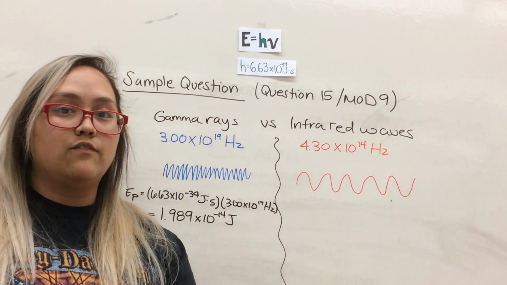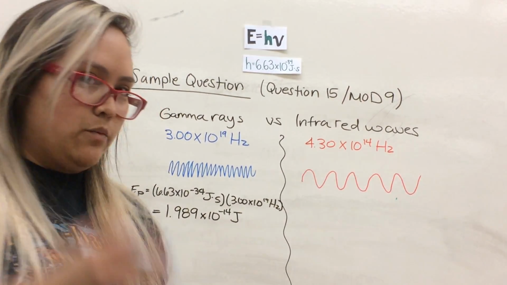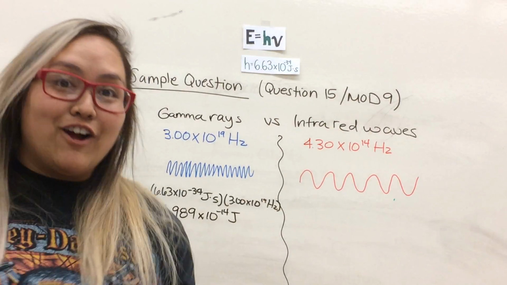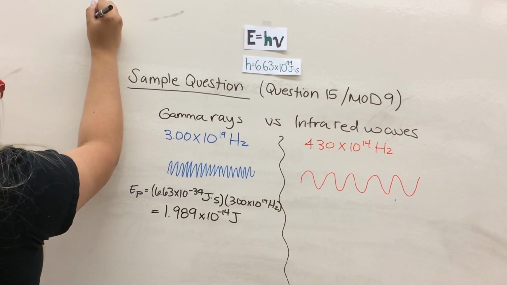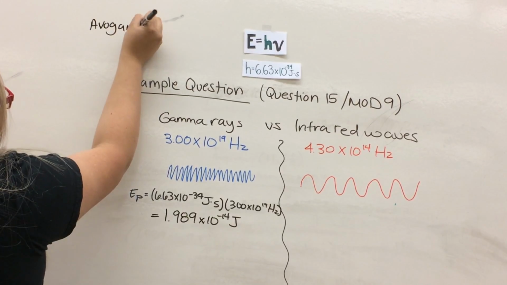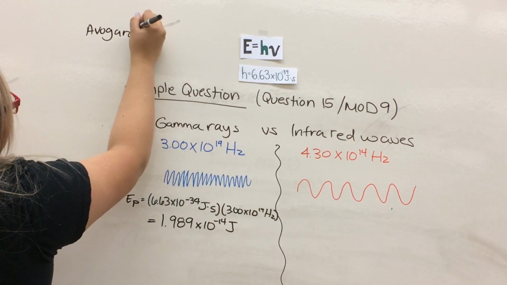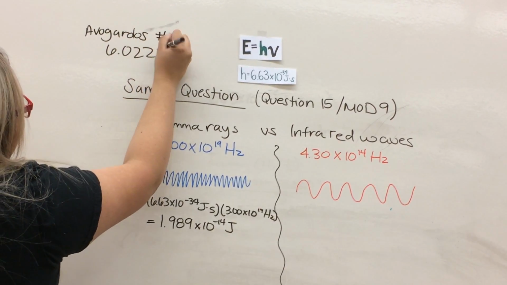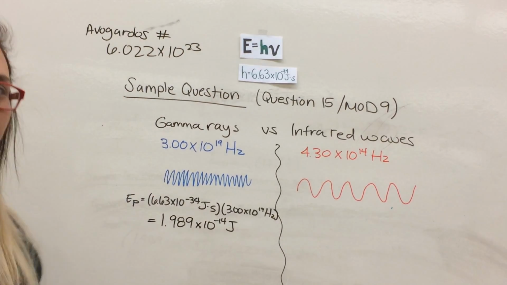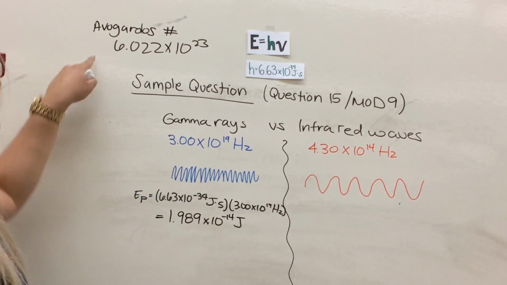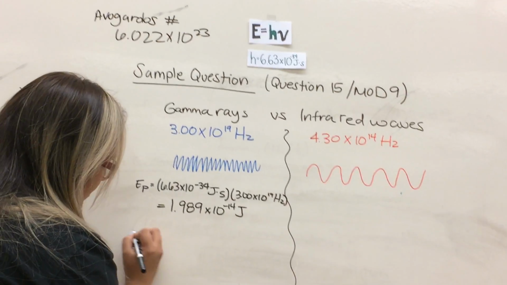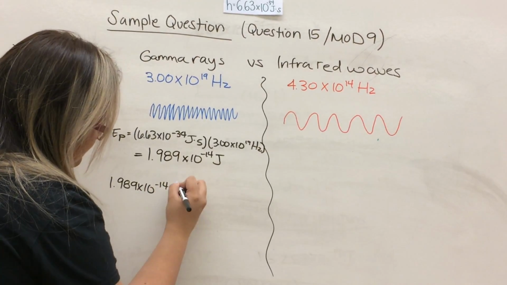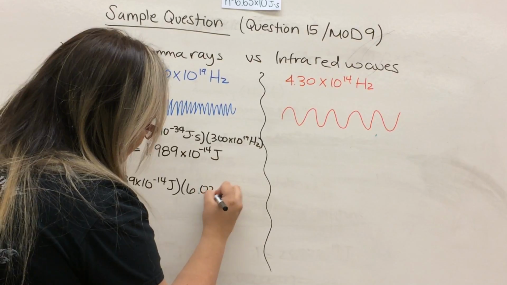And in your workbook, they're asking for a mole of photons. So when you think of moles and really, really small particles, what number do you think of? I personally think of Avogadro's number. So we know that Avogadro's number is 6.022 times 10 to the 23. To figure out the energy for a mole of photons, we're going to multiply the energy we got for one photon times Avogadro's number.